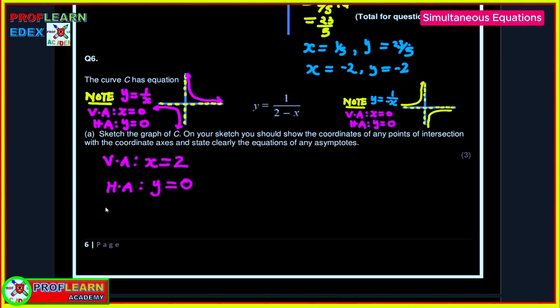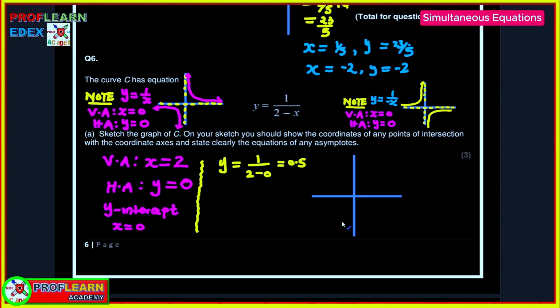Then we also need to know the y-intercept in this case. The y-intercept is when x equals 0. Substituting x equals 0 into the original equation that was given, we get y equals 0.5. Then let's identify the asymptotes that we had and the point where the graph is going to cross the y-axis.